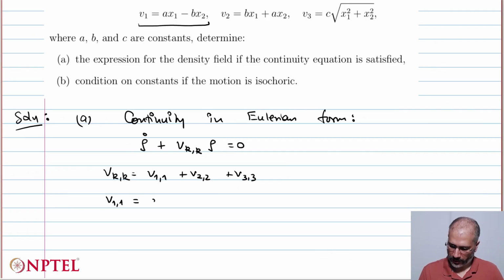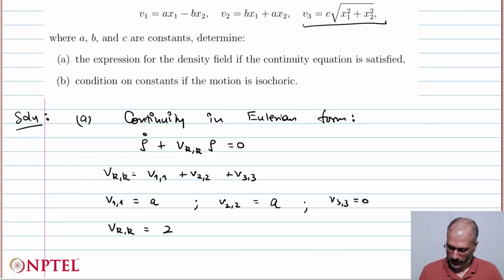So V1 comma 1 is an A, and then V2 comma 2. So this is V2. So this is also an A, and V3 does not depend on X3. So V3 comma 3 is a 0. So from this we can get Vk comma k simply as twice of A.